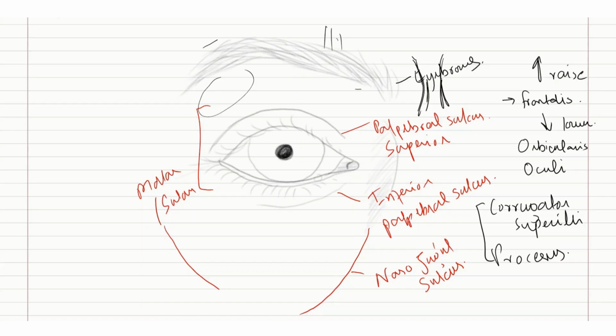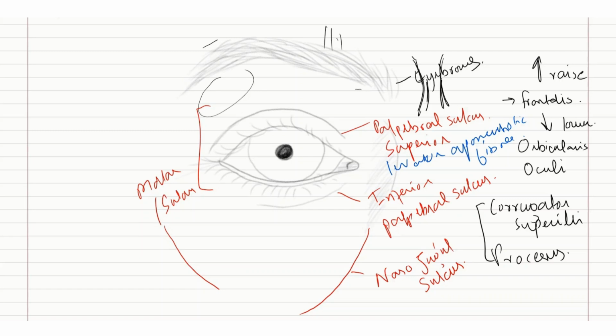Now, why do we have these so many sulcuses present in this area? The superior palpebral sulcus is present because there are levator aponeurotic fibers which adhere to the skin and they form superior palpebral sulcus.